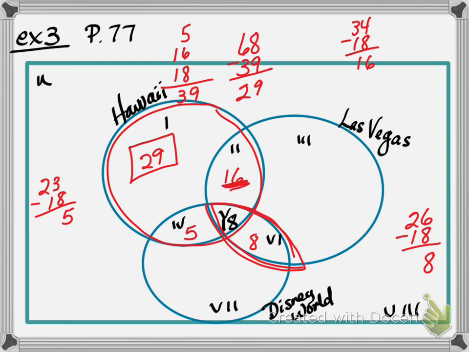There were 16 that want to go to Hawaii and Vegas, 18 that want to go to all 3, and 5 that want to go to Hawaii and Disney World. But if you add all those Hawaii people up, it should equal that 68. Then you do the same thing for Las Vegas. Las Vegas, it's talking about 53 people want to go to Vegas.